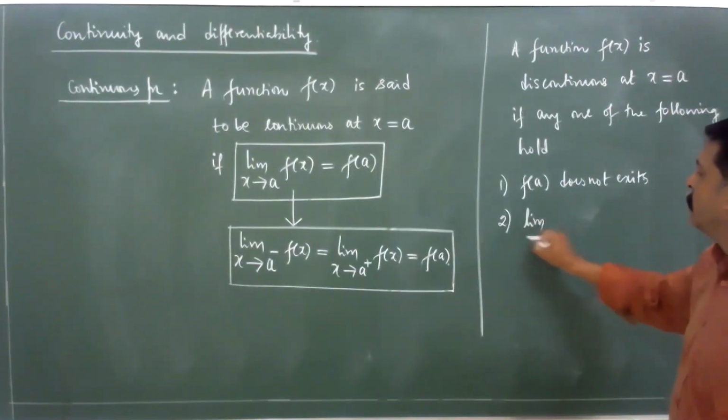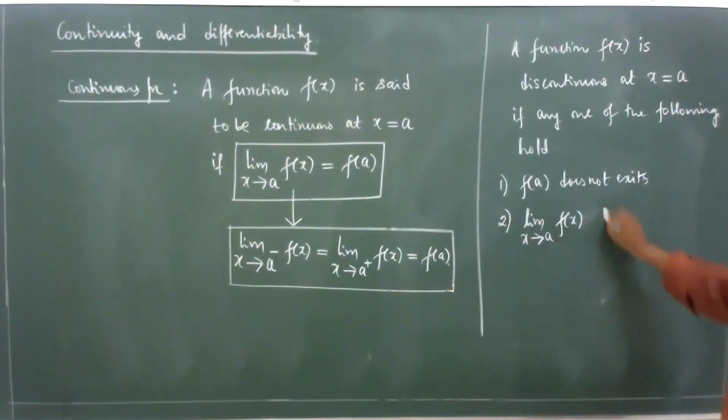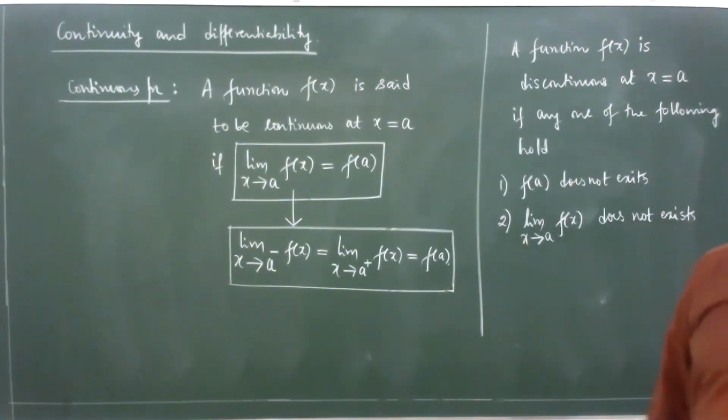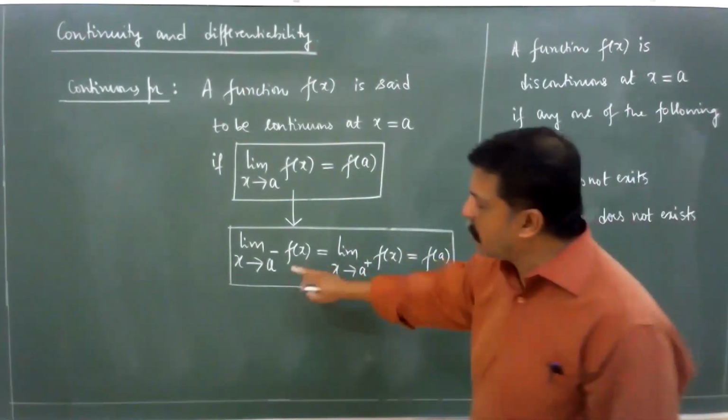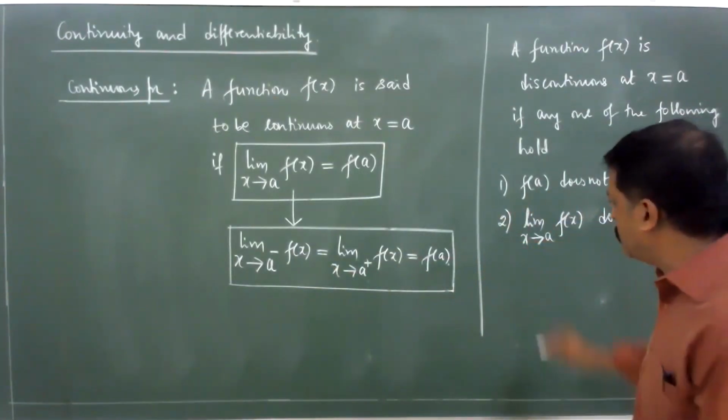Second, limit x tends to a, f of x does not exist. That means left hand limit is not equal to right hand limit, and then also the function is discontinuous.